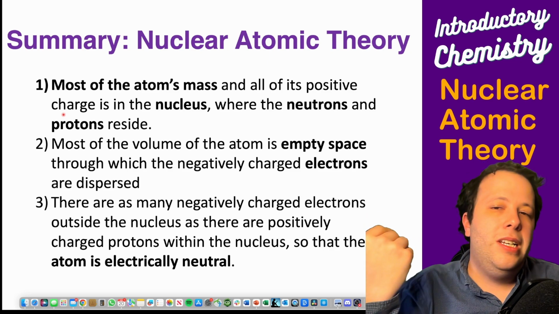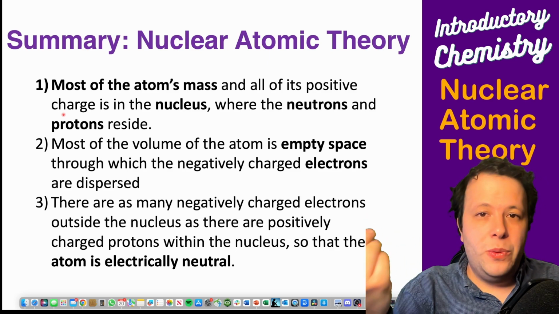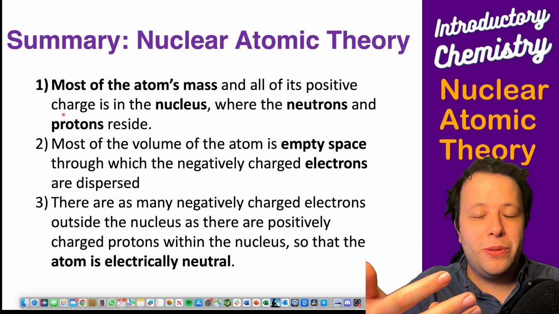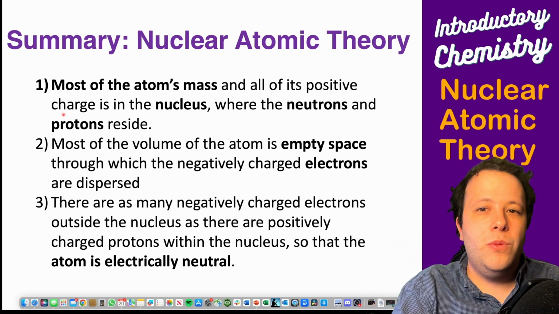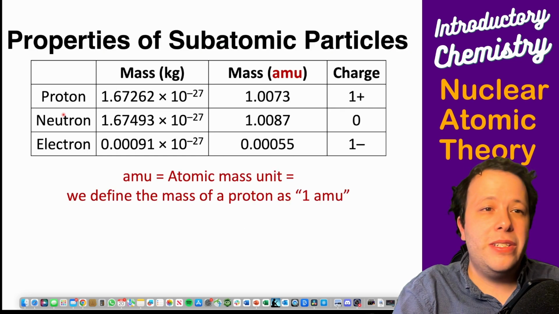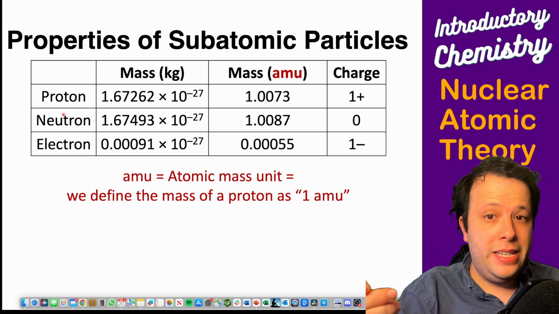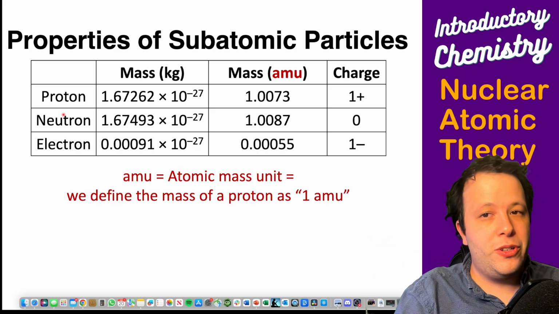Well, when it comes to mass, in order to find the mass of any of the isotopes or atoms that we're going to be looking at, we are going to define a new scale for ourselves, which is atomic mass units, or AMU for short.